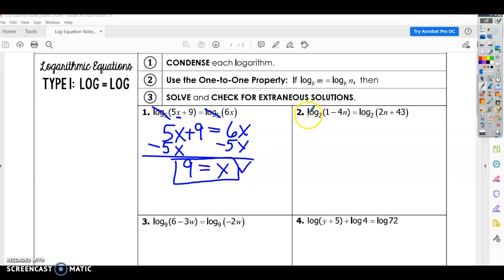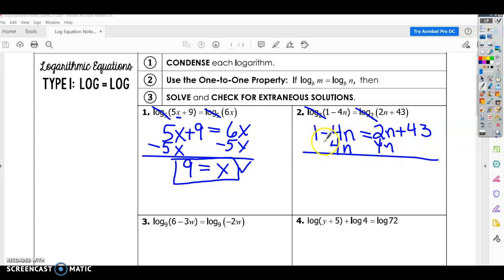All right, over here, we have a log equals a log again. So we're going to have 1 minus 4n is equal to 2n plus 43. To solve this, I've got a variable on both sides, so I need to get my variable on one side. So I'm going to add 4n to both sides.